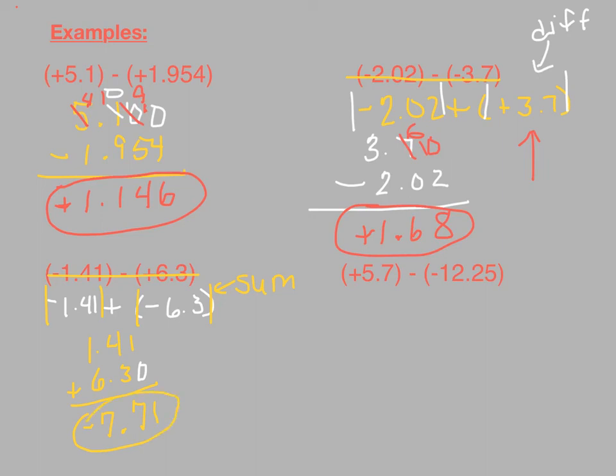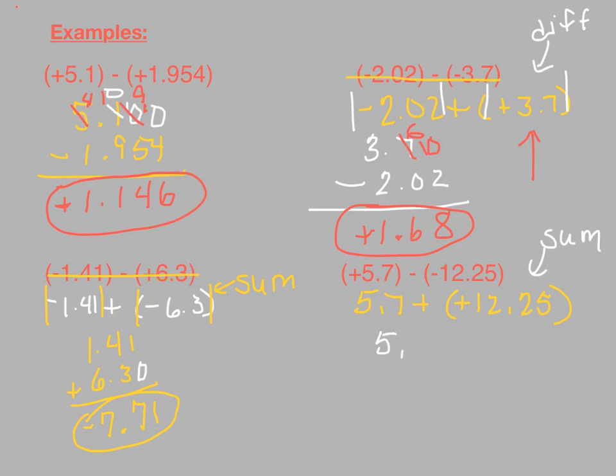Positive 5.7 minus negative 12.5. So I'm going to stay, change, change, cha-cha-cha. It's also fun to cha-cha-cha, let's be honest. And then I sing my song. If the signs are the same, find the sum. And look at that, they are the same. I'm finding the sum.